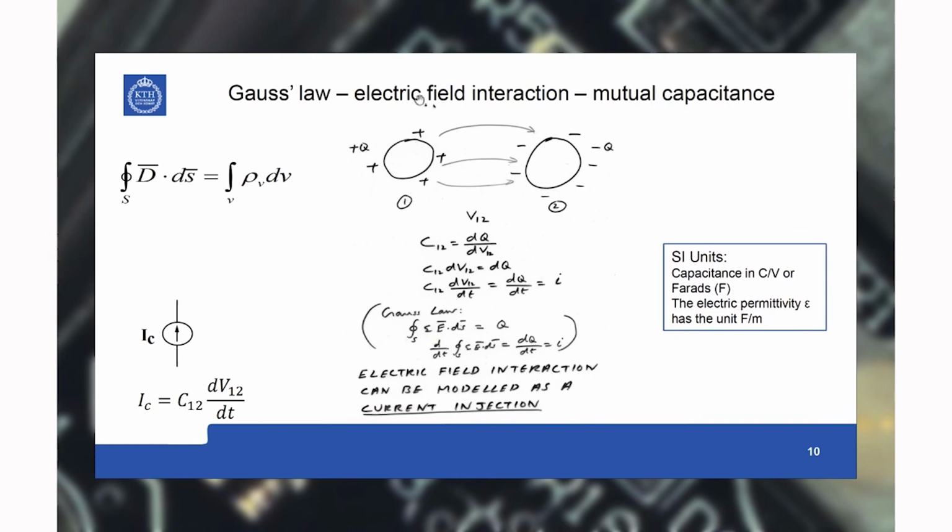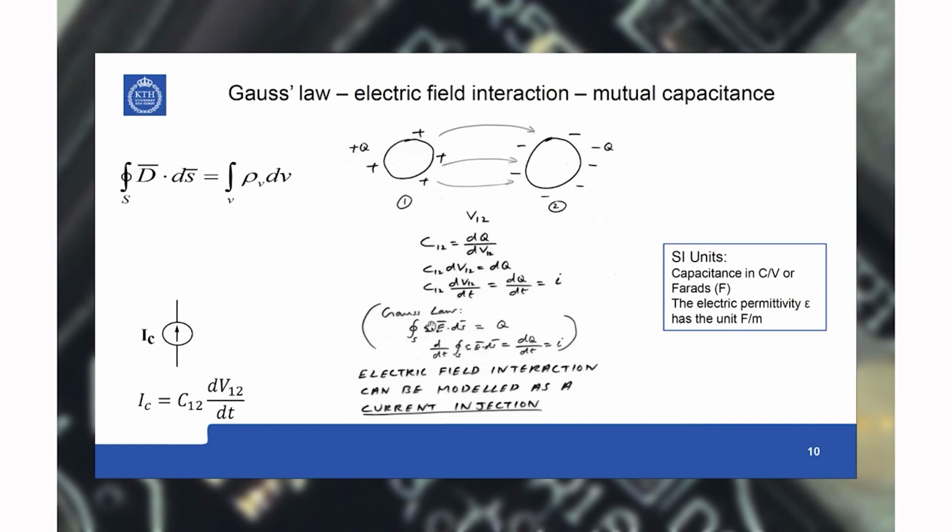So you can take a closed surface along this. The closed surface integral of epsilon E, which is nothing but D for a linear material, dot dS equals Q. And take the time derivative on both sides. So this is current injection.